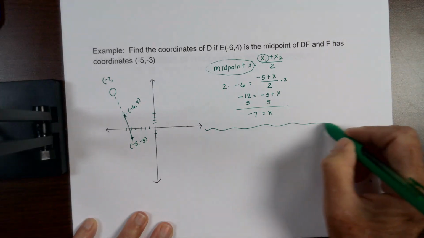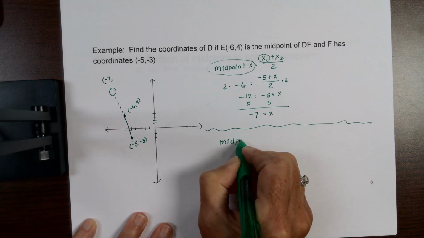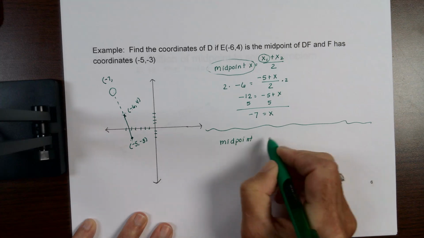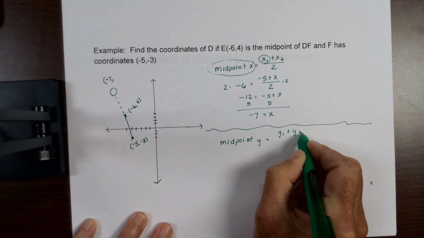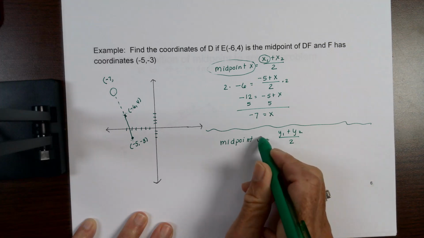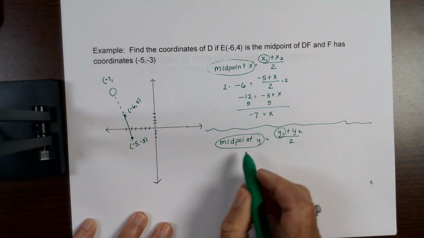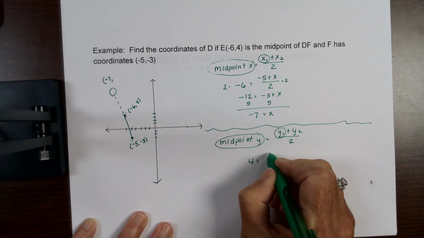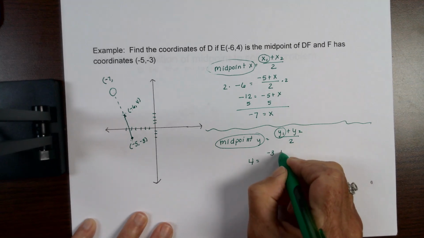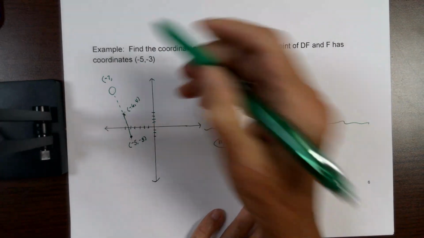Then I'm going to do the same thing for the y. So I have midpoint y is equal to y sub 1 plus y sub 2 divided by 2. Again, I know the midpoint y, and I know one of the y's. The midpoint y is 4. The other y is negative 3, but I'm missing the y from up here.